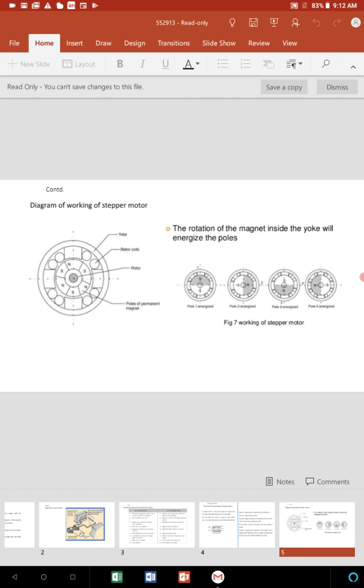It rotates through a specific number of degrees for each input. Input is pulses. For each pulse, in either direction, the angle may normally be, say, 2.5 degrees, 5 degrees, 10 degrees, 15, 45, 90, etc.